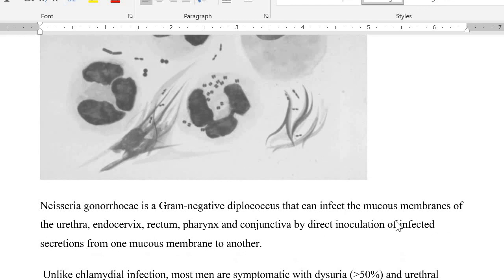They can infect the mucous membrane of the urethra, endocervix, rectum, pharynx, and conjunctiva by direct inoculation of infected secretions from one mucous membrane to another.